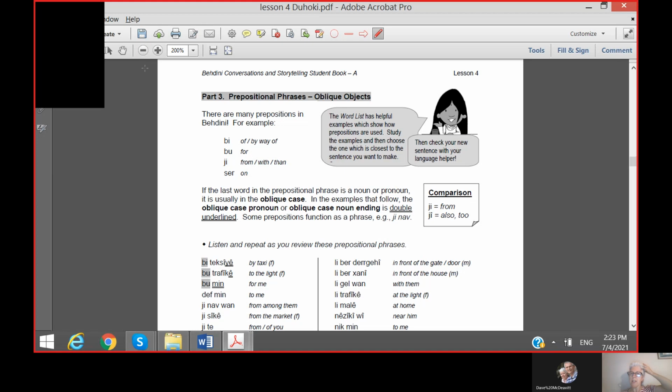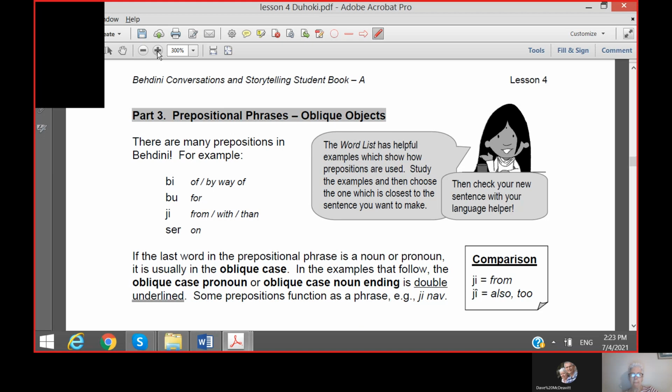Now we're on page 77. We're going to work on prepositional phrases. As you know, the yellow word list has helpful examples which show how prepositions are used. Study the examples and then choose the one which is closest to the sentence that you want to make. Then check your new sentence with your language helper.